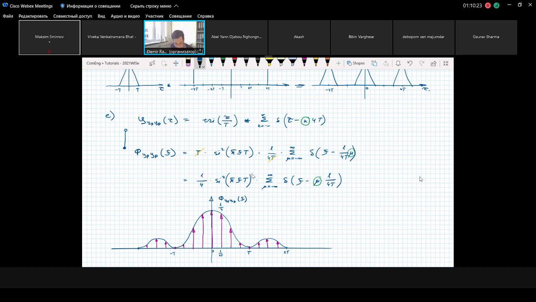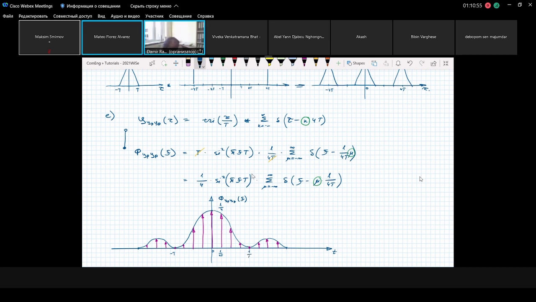Now we can go to the next task. Another question: the nulls in the graph should be at 1 divided by T, and the second one at 2 divided by T, right? It's not T and 2T. Ah, yes, of course, because we are in frequency. Thank you, you're right.